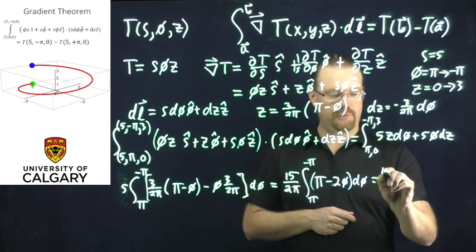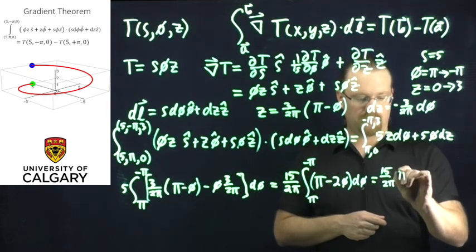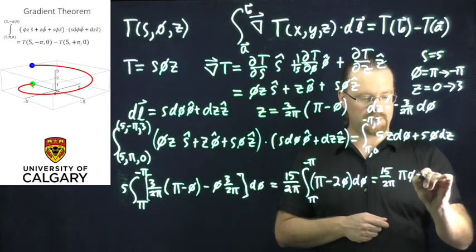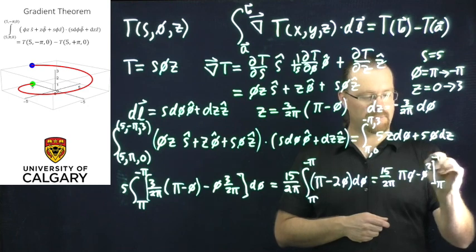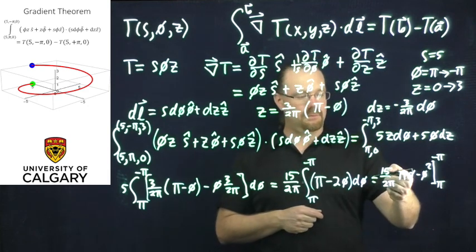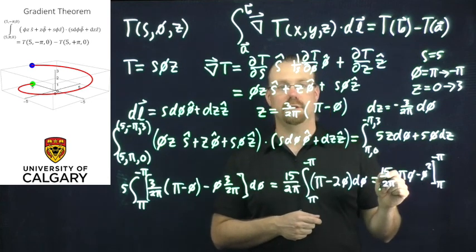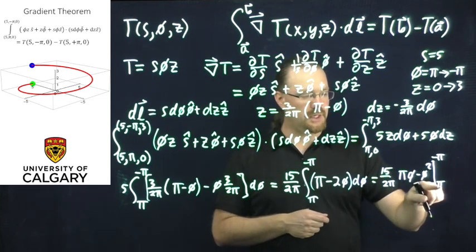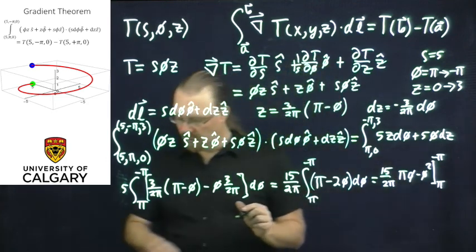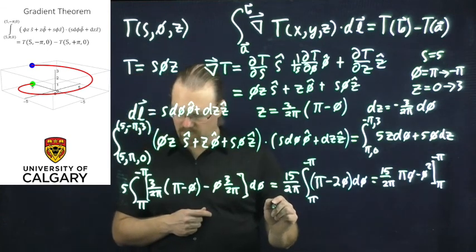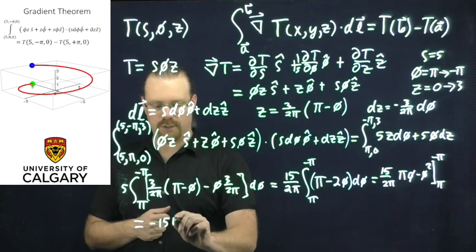This gives us 15 over 2 pi times pi phi minus phi squared from pi to negative pi. The phi squared term from pi to negative pi will just go to 0. Plugging in this, we wind up getting pi squared minus negative pi squared. So all told, this winds up being equal to negative 15 pi.